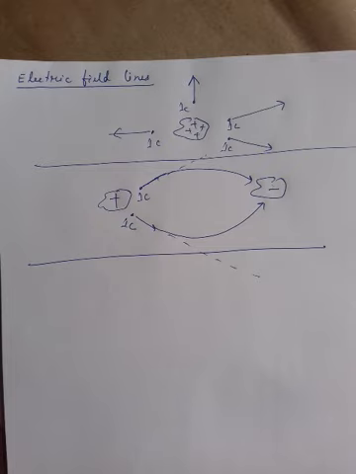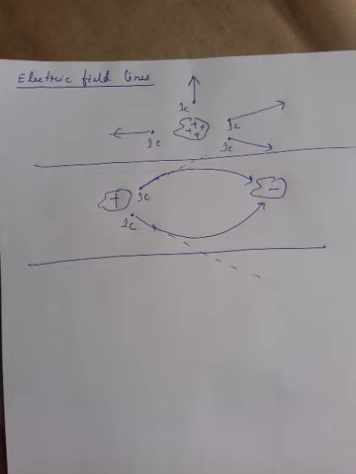Meaning, if you consider one electric field, a unit positive charge present, that unit positive charge will move in a certain direction in a line. So that particular line is represented by electric field lines.